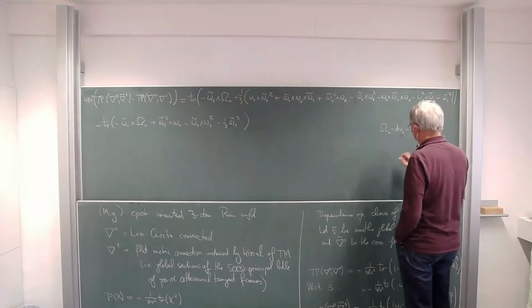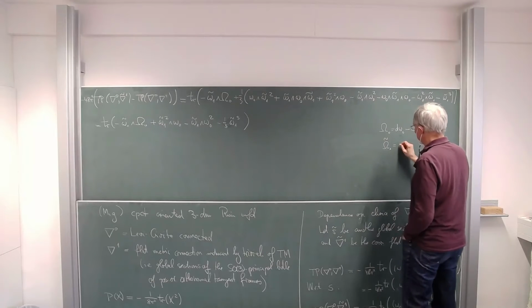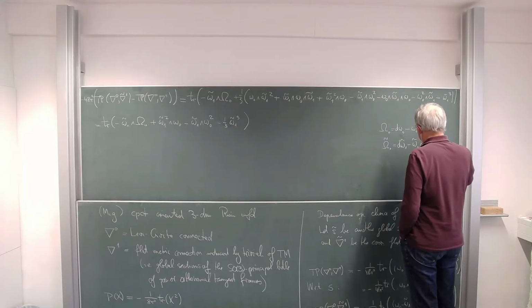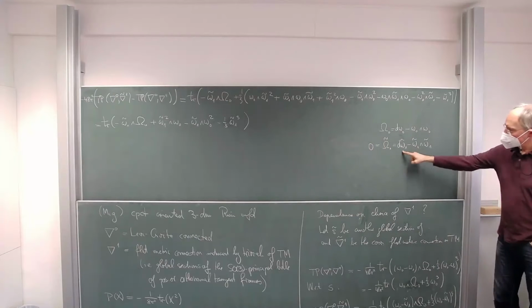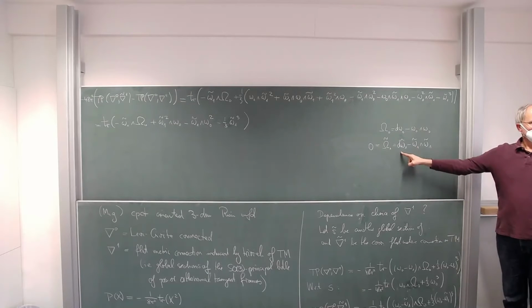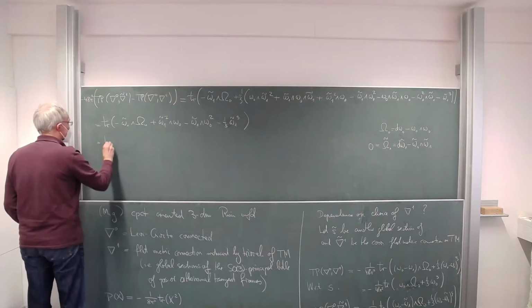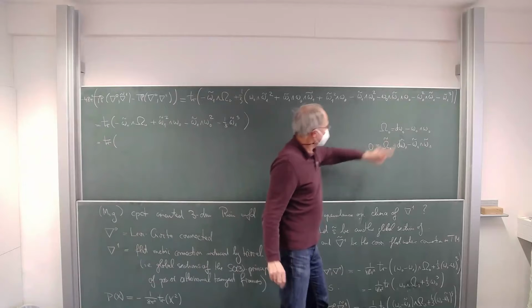So we have this always, and for the flat connection we have the formula 2, but in this case, since it's a flat connection, the curvature is 0, so that means I can replace any omega tilde squared by a d omega tilde. So here I use just this formula.